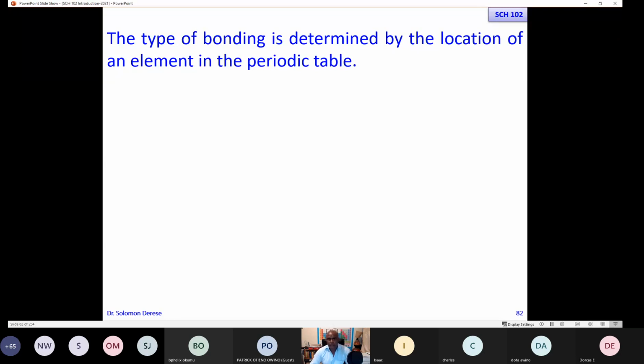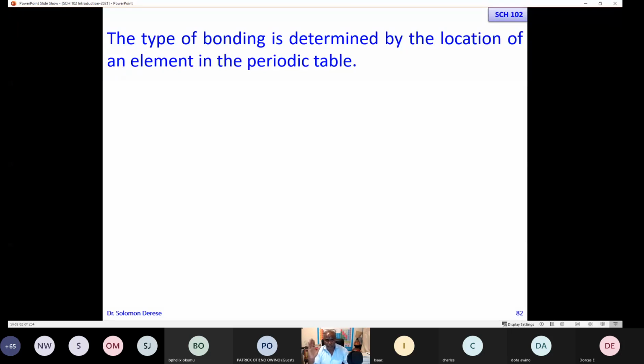The reason is because of their position in the periodic table. Sodium is on the extreme left of the periodic table, in group 1, and chlorine is on the extreme right of the periodic table. You remember the noble gases are not involved in any type of meaningful chemical bonding.